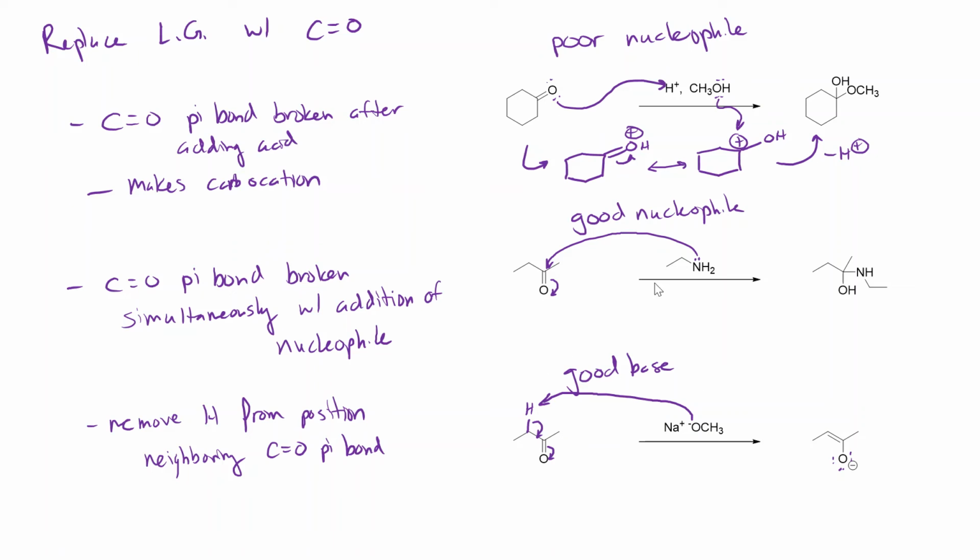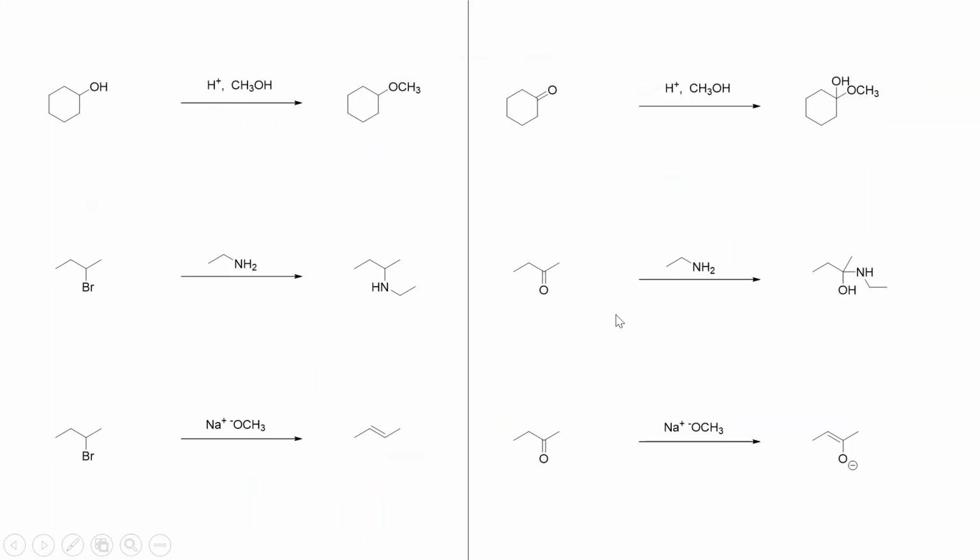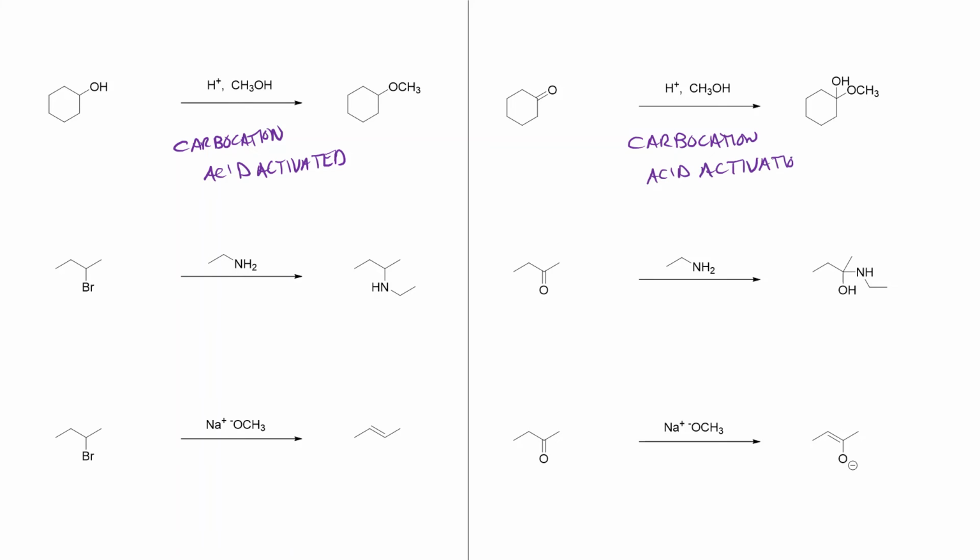And then just to drive this point, I think the next slide I have all three of these just labeled next to each other. So we have poor nucleophile: this is carbocation and acid activation. This is carbocation and acid activation. This is the nucleophile adds, and the leaving group leaves at the same time.